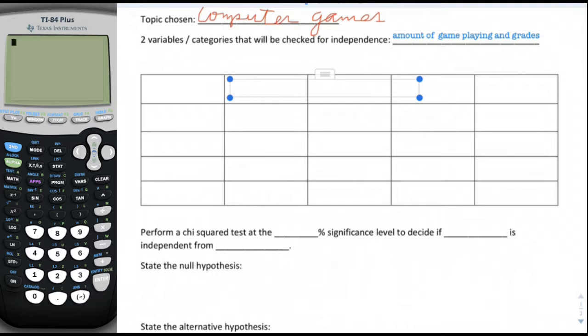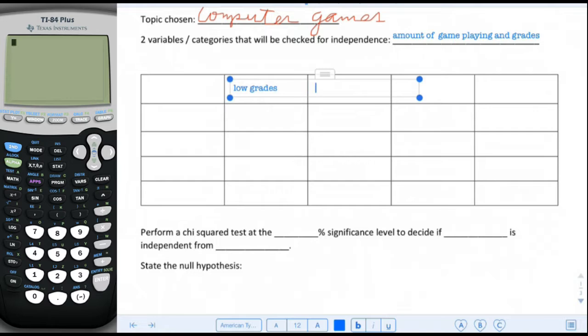So let's see. The categories I'm going to make for grades: I'm going to have low grades, medium grades or average grades, and I'm going to have high grades. And then I'm going to have totals, okay?